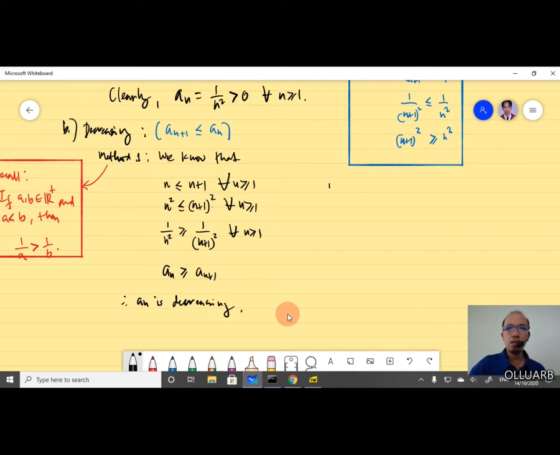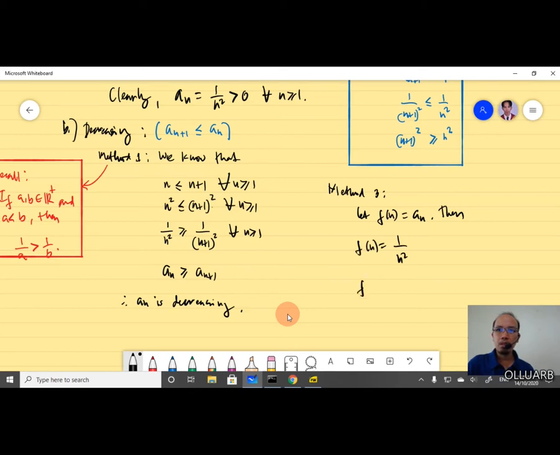If you use method 3, this is the easiest one. You let your f of n be a sub n. Then f of n is equal to 1 over n squared.